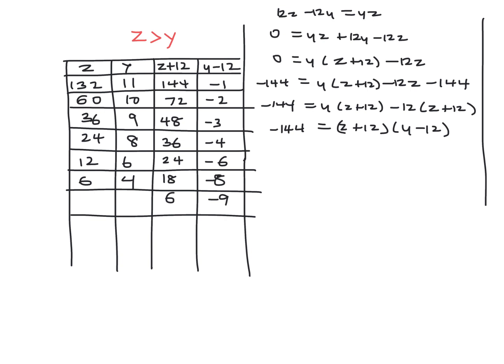Let me see if I'm doing this right. And I think that is the complete table filled out correctly. So therefore, we've got 7 pairs, 1, 2, 3, 4, 5, 6, 7 of y and z.